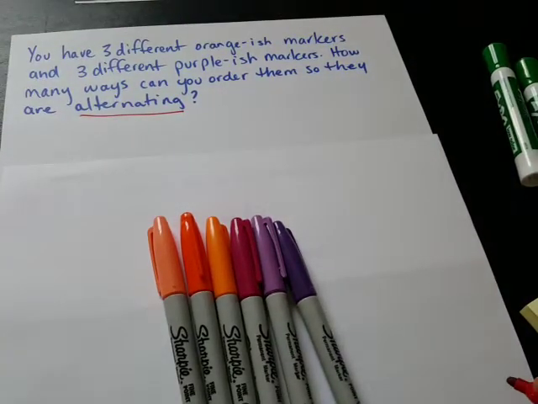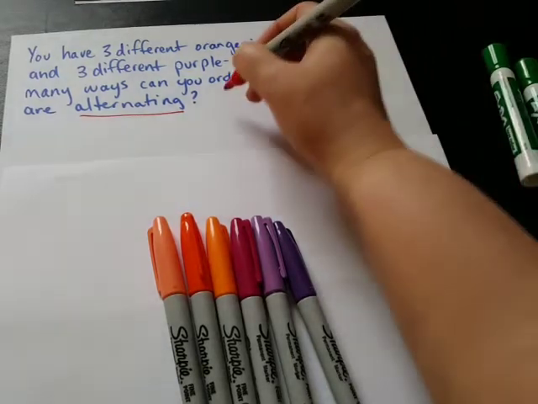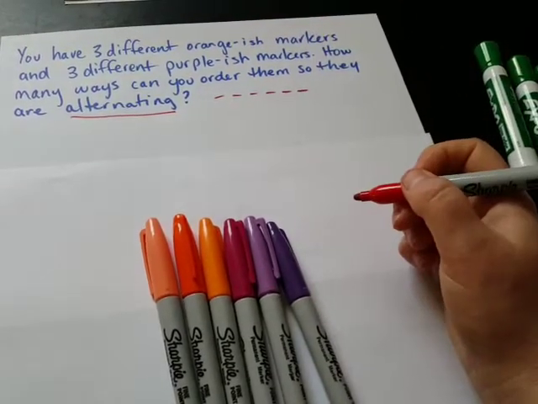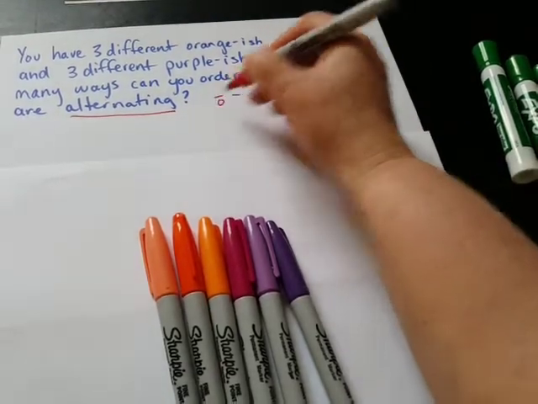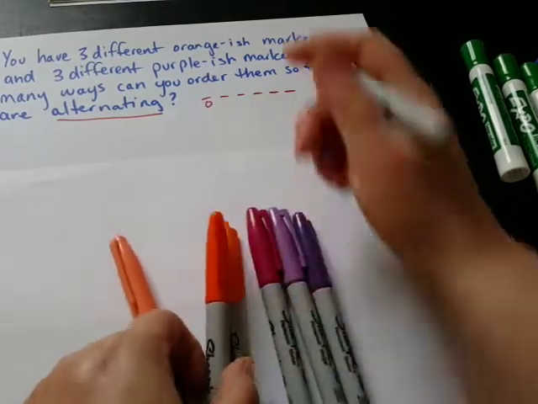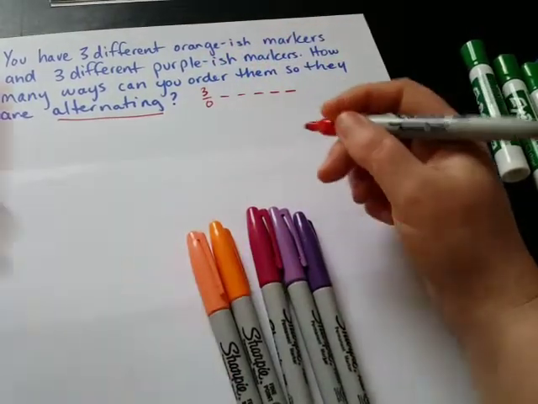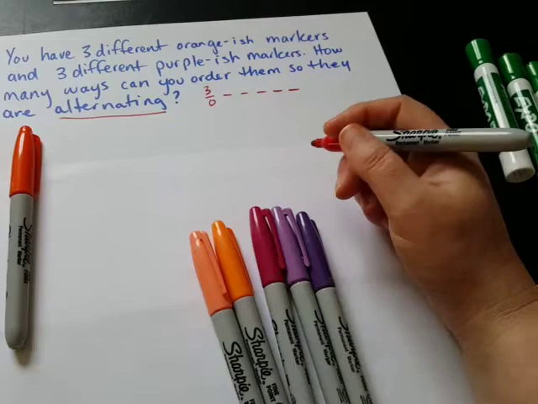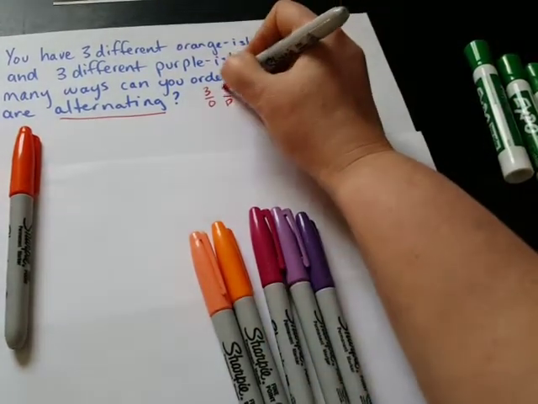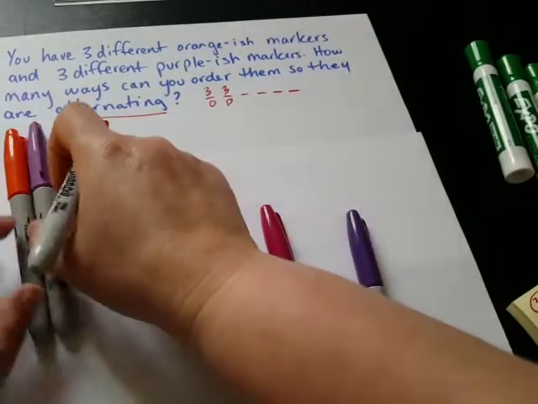We've got 6 markers to put down. One way to alternate is to start with orange first. Any one of my oranges could go first, so there's 3 choices for the first pick. Then in order to be alternating, I need to put a purple, so again I have 3 choices here.